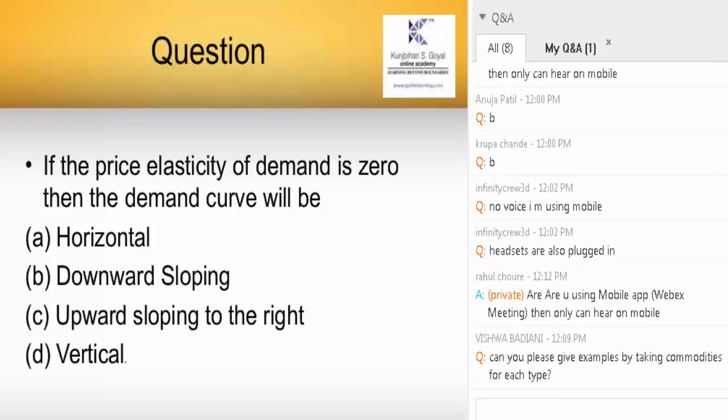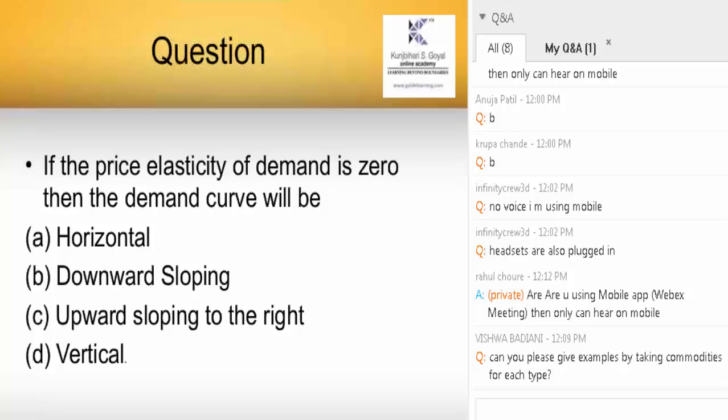Why does the demand not change when the price changes? Simple चीज़ है देखिए. As I already said, although this is a pole situation that in reality you may not find, still we have an example for this. Take an example of salt.